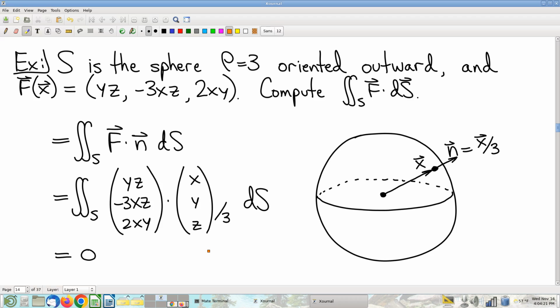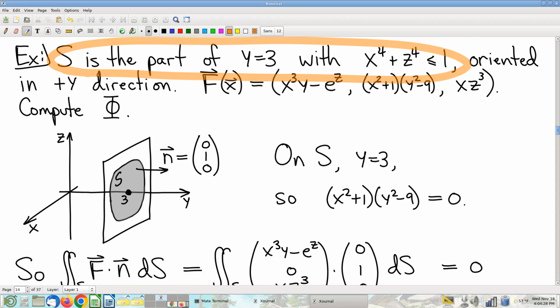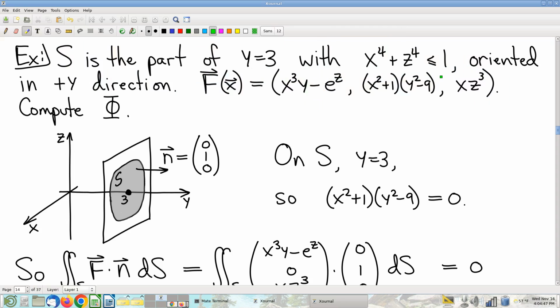All right, next example. We have a surface described in a kind of weird way, and I want to talk about the flux through that surface of this vector field, which is kind of scary looking. And yikes, that looks like it could be a tedious calculation. So let's see if we can avoid that. What I'm going to do is point out that a neat thing about the way this surface is described is that it's part of this plane.